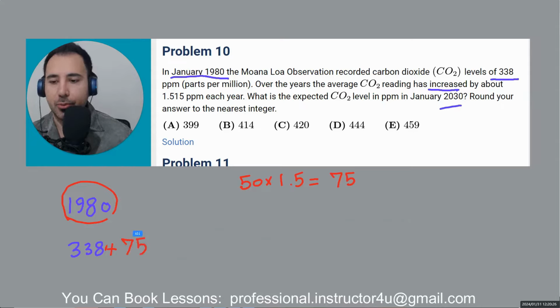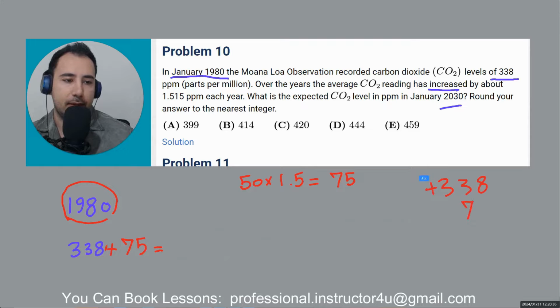That's it. So what is 338 plus 75? I'm going to write it here. 338 plus 75. This will be 3, 11, 4. So 413.